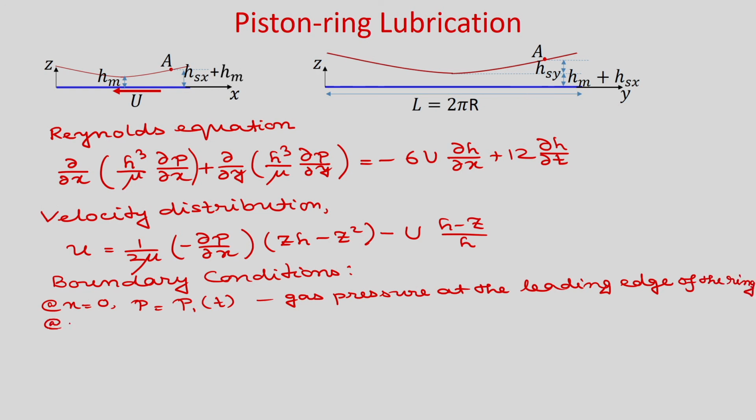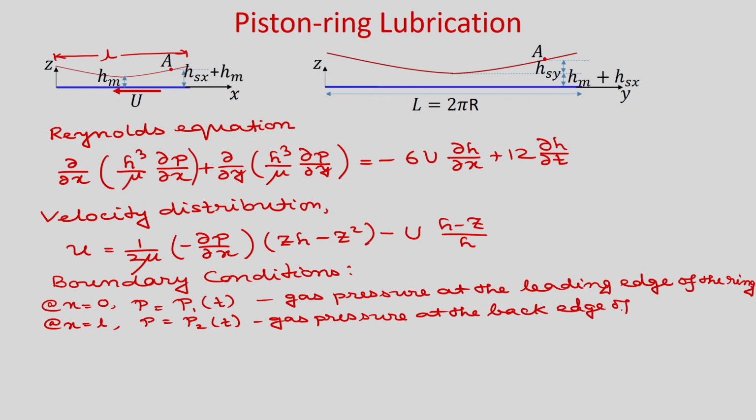And at x equal to L, because this ring length is L, we have p is equal to p2, a function of t. So, this is the gas pressure at the back edge of the ring.